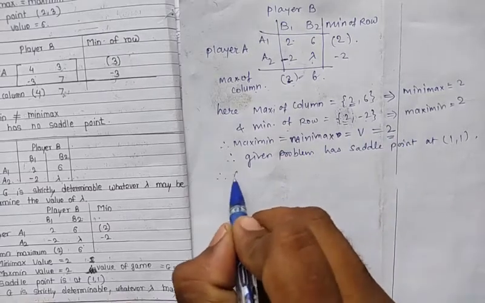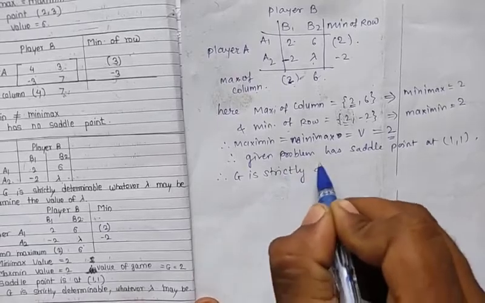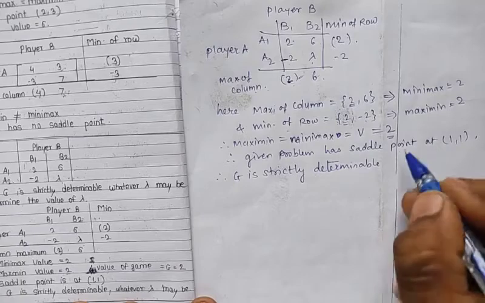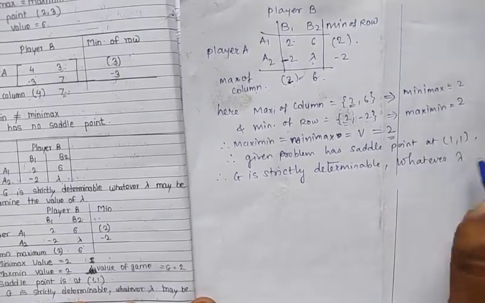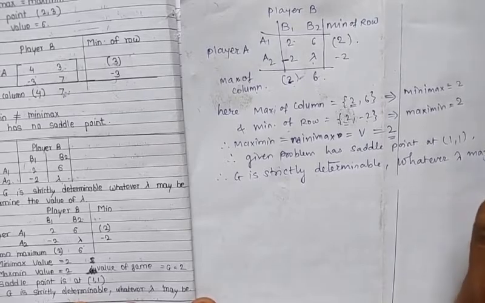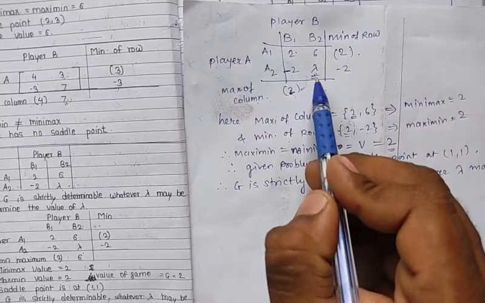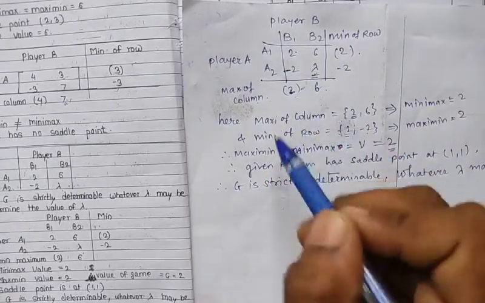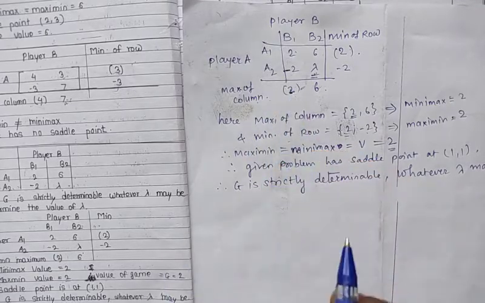Hence G is strictly determinable, whatever lambda may be. This means that for any value of lambda, it doesn't affect the value of the game. Therefore, we choose any lambda, and it is always determinable.